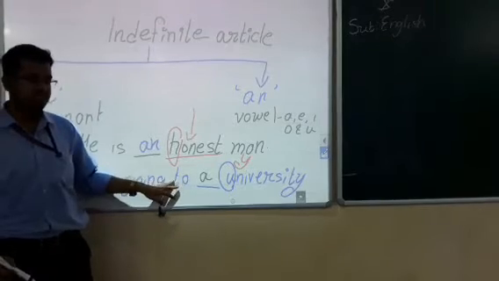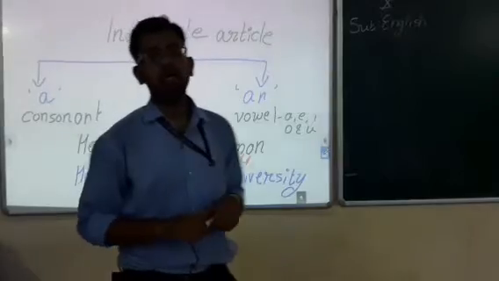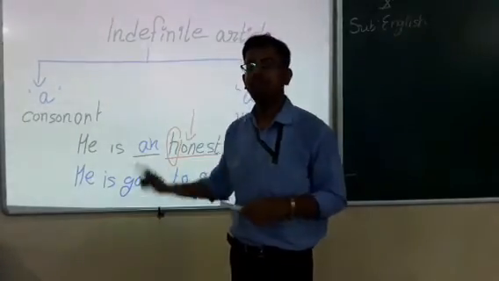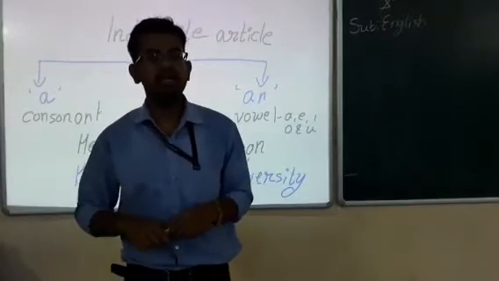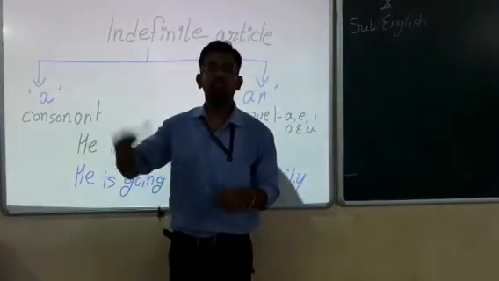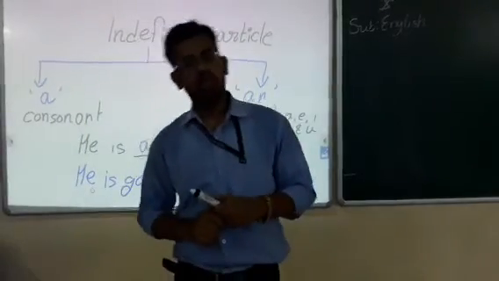That is the reason we have written a. So always remember students, don't just look at the first letter. Listen to the pronunciation and then decide when you have to use a and when you have to use an. Clear students?